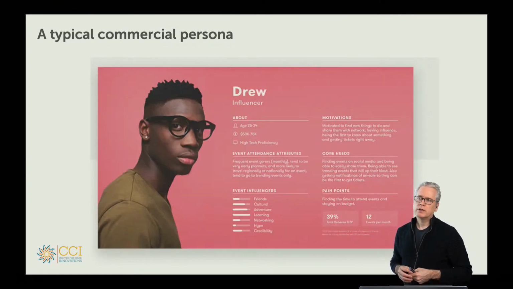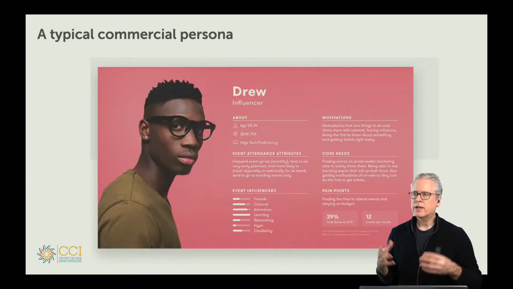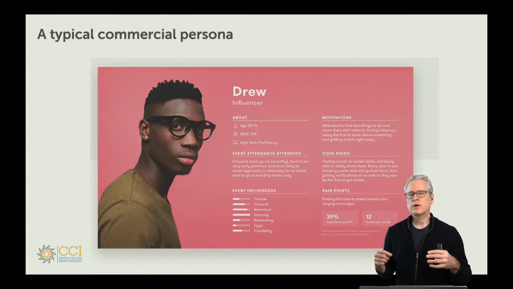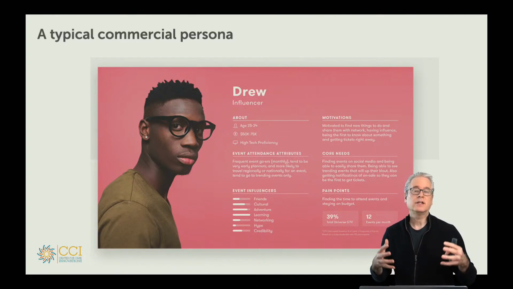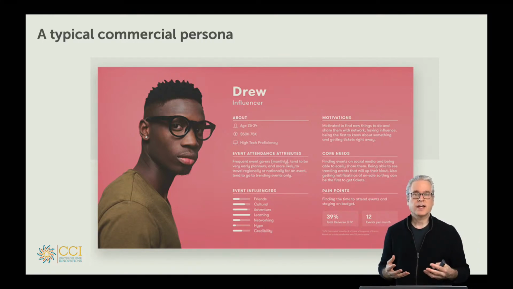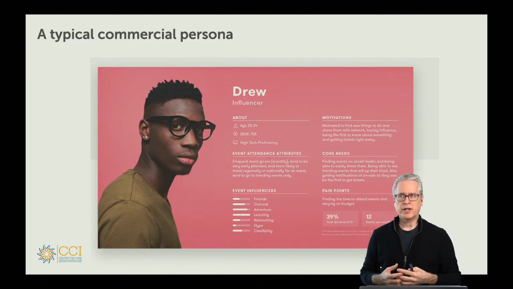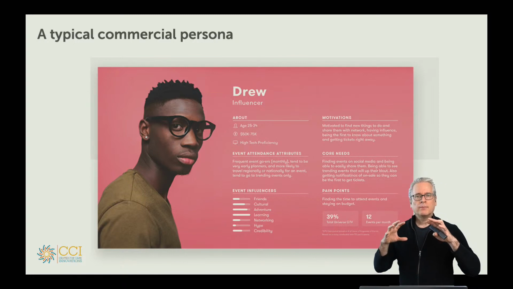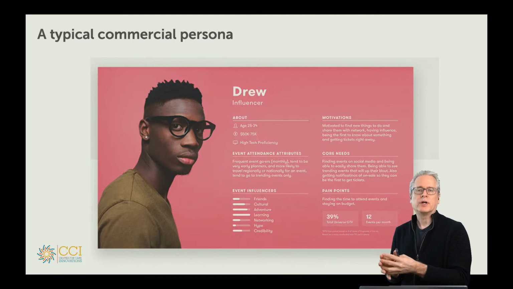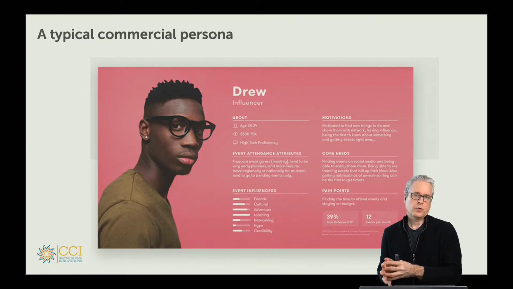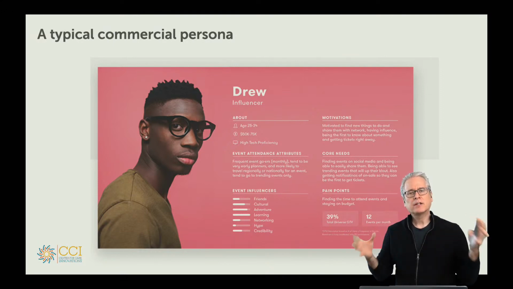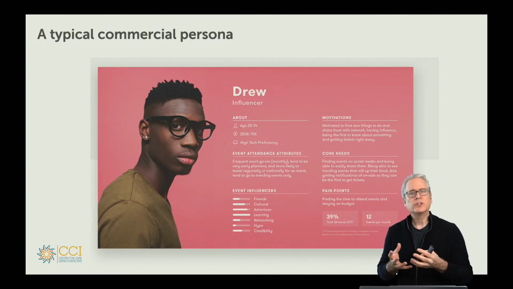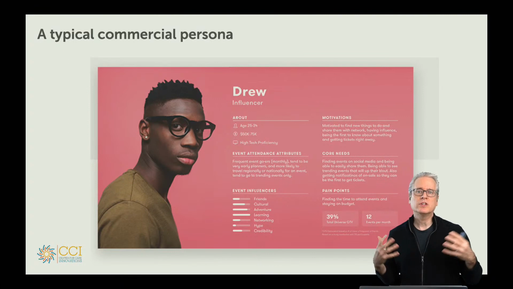Here's a cool one of Drew, a little bit simpler, right? And so I want to show you these differences to encourage you to make a persona that your team wants to make, that has the qualities and characteristics that your organization wants to bring to your project. It's not a single person that you're looking at, but an amalgamation or characteristic of the type of person that would be using the service, right?